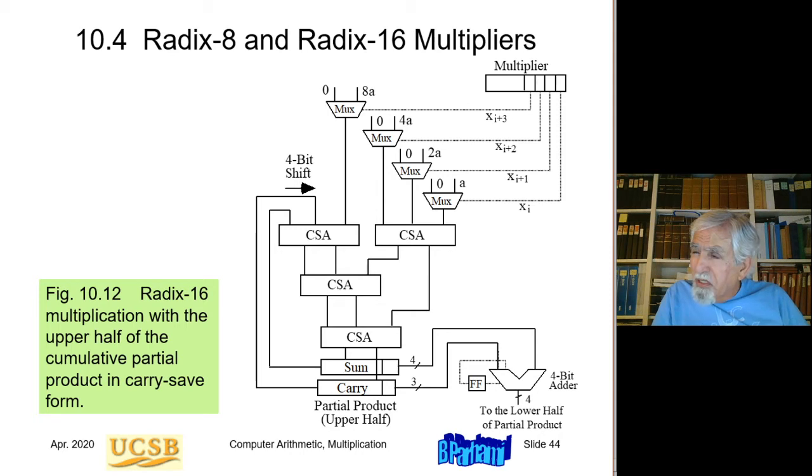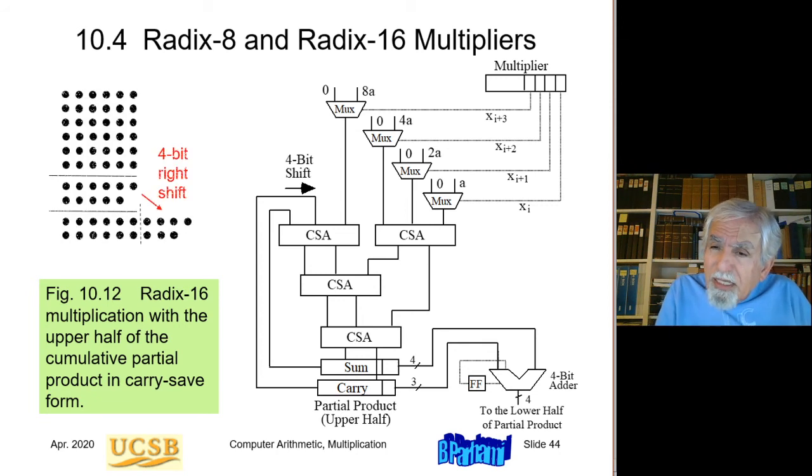It was logical to go from radix 4 to radix 8, where I handle 3 bits at once, then to radix 16. Let's see what happens if I go to radix 8. Oh, by the way, here we do a radix 16 right shift after one cycle. When I do radix 16 right shift, 4 bits move into the lower half.